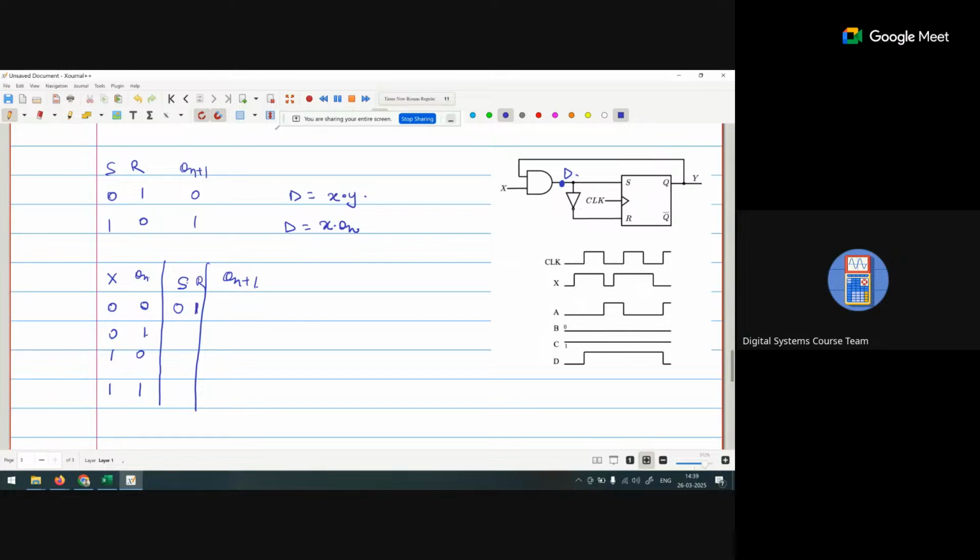When both are 0, 1, again S is 0, R is 1. When 1, 0, again S is 0, R is 1. When 1, 1, S is 1, R is 0.